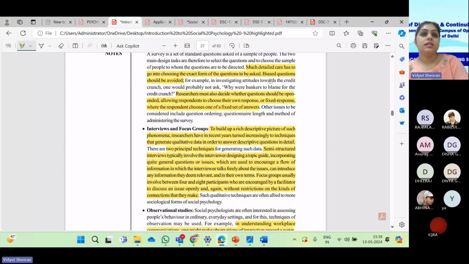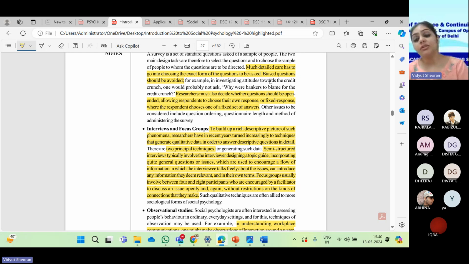So in the process of survey, the researchers are supposed to decide whether the question should be close-ended, open-ended, or there should be only a fixed response, or it should be a rating scale, or it should be in the form of true and false. All these decisions are to be made by the researchers when they are making the survey questionnaire.